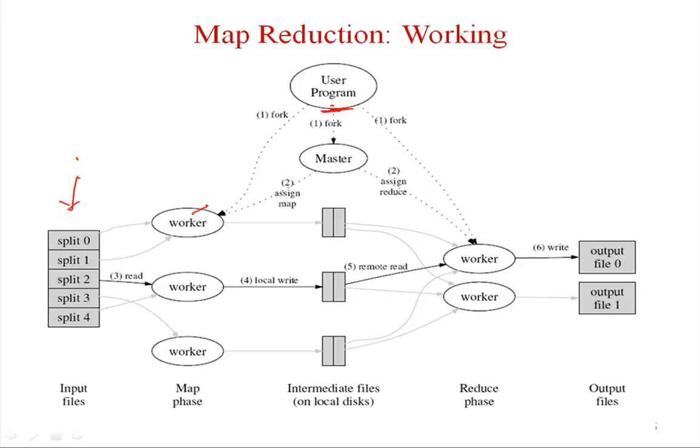These are the intermediate files on local disk, containing the initial indexing. After that, the shuffler checks which worker machine should be assigned which part of the keys or which part of a particular task, and then the reduce phase works and gives the output file.